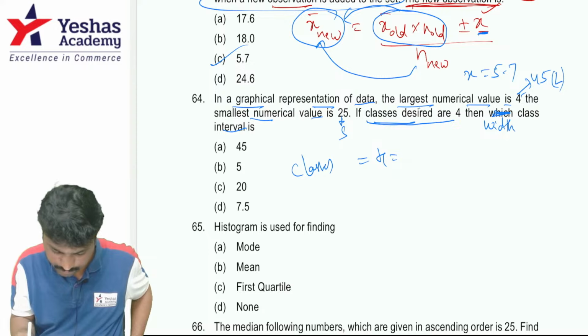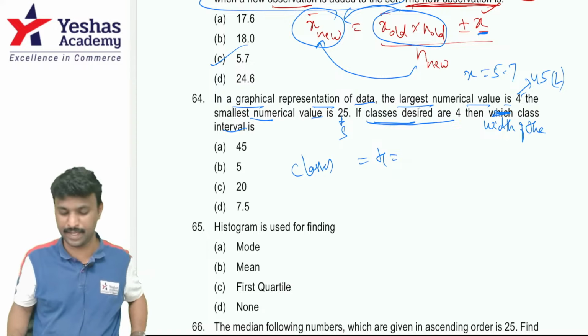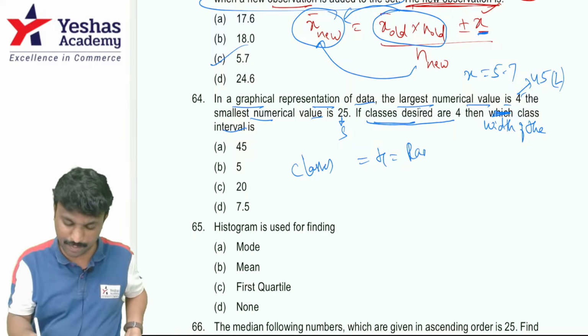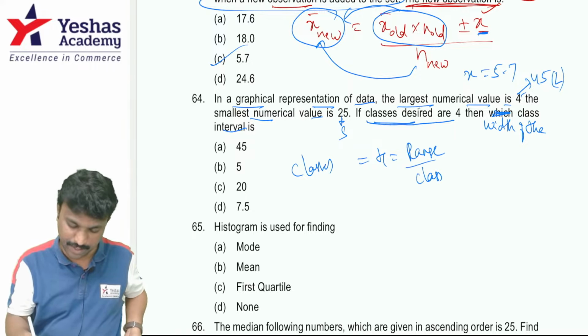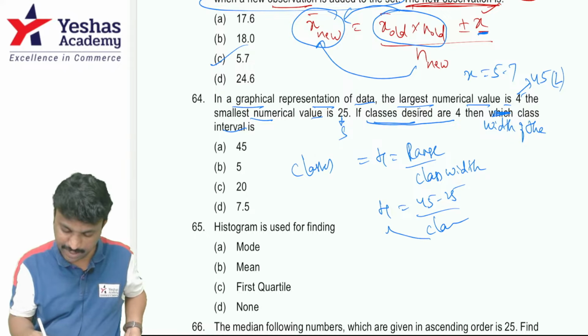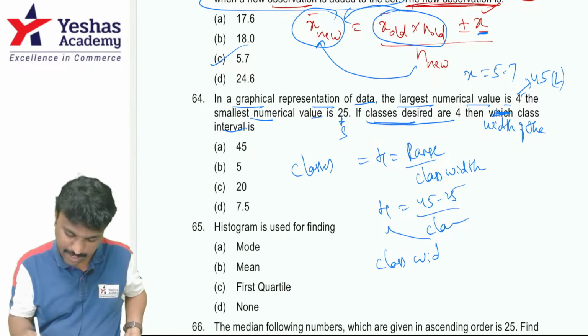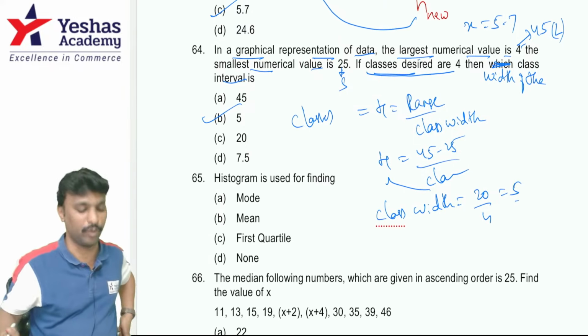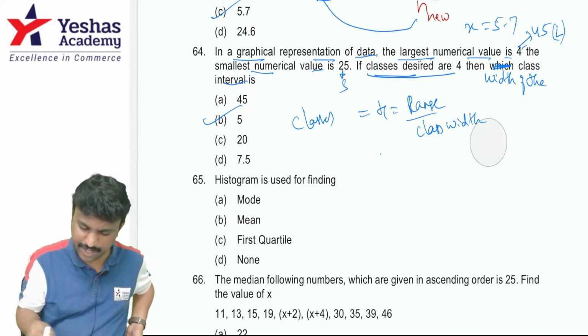Basically, what is the number of classes? It is range divided by class width. Correct? So 4 is equal to range, 45 minus 25, divided by class width. So class width is equal to 20 divided by 4, which is 5. So the width of the class is 5. Have you understood? Guys, moving on to the next question.